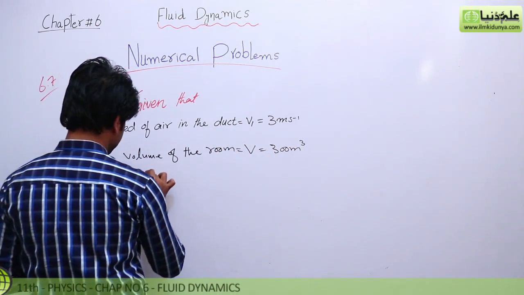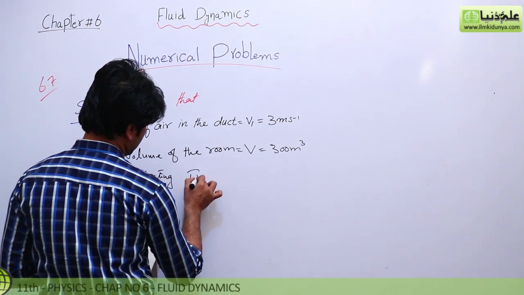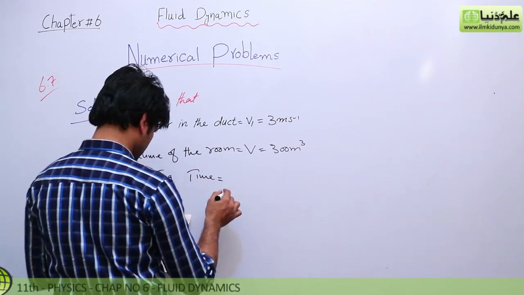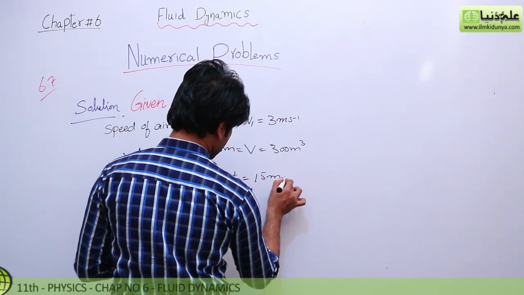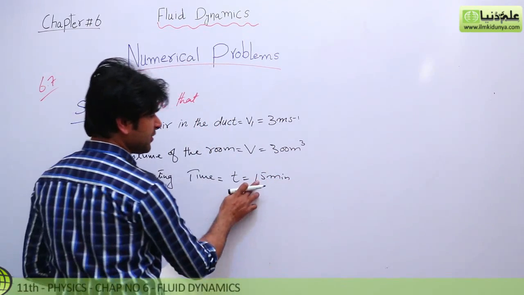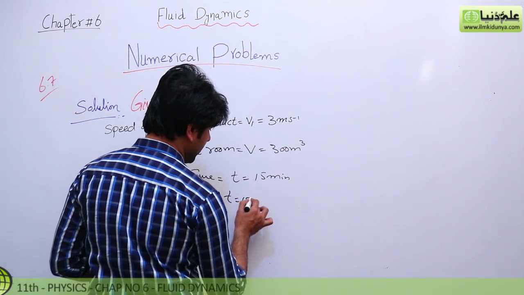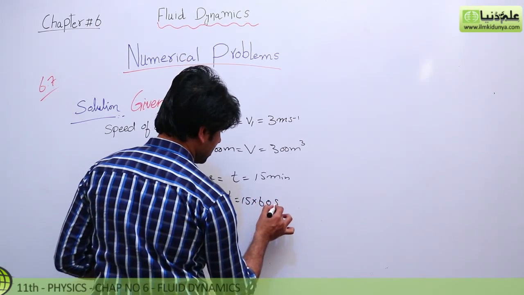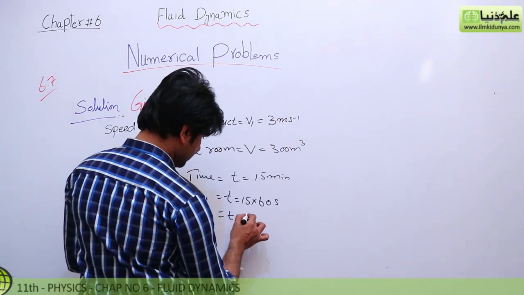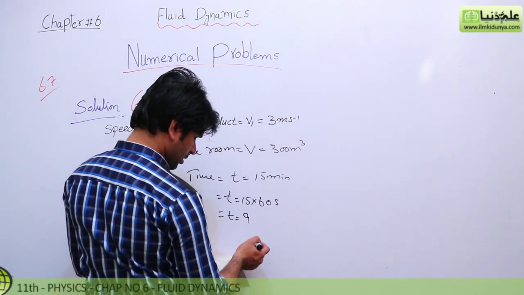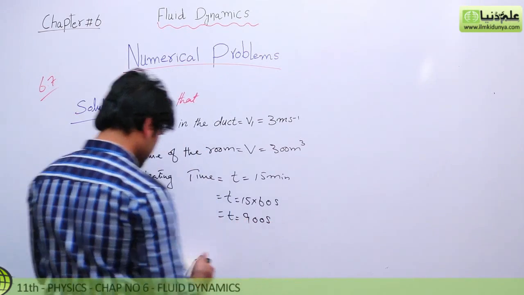Heating time T is 15 minutes. We will have to convert this 15 into seconds. For this sake, we will multiply 15 by 60. Then it will be in seconds: 900 seconds. This is the heating time.